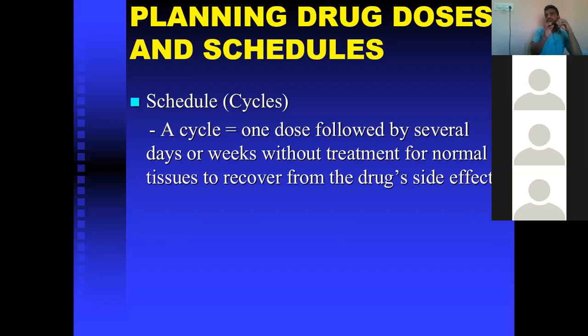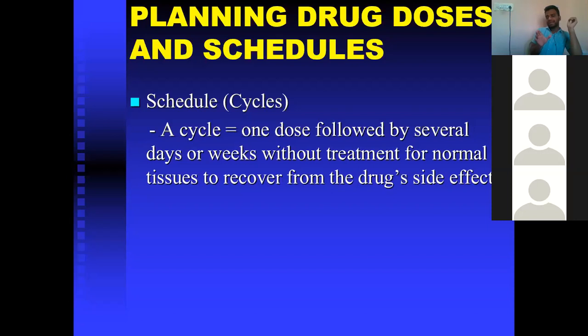So when you give a high dose of these toxic agents, the normal cell gets killed. Because of killing of normal cells, the patient gets all these side effects: nausea, vomiting, diarrhea, baldness, alopecia, GI distress. All the side effects we have read are because of killing of normal cells. So we give a treatment-free interval.